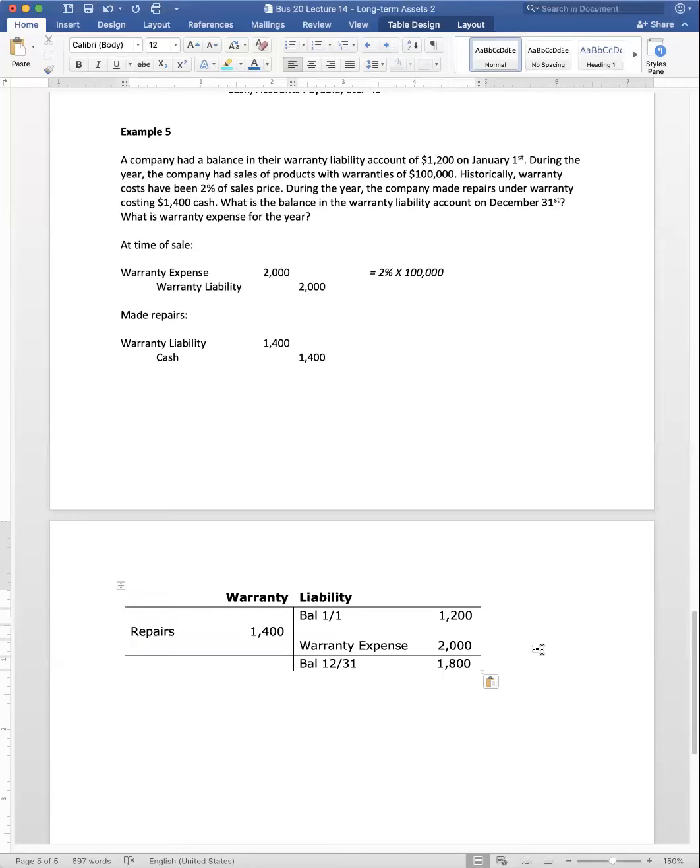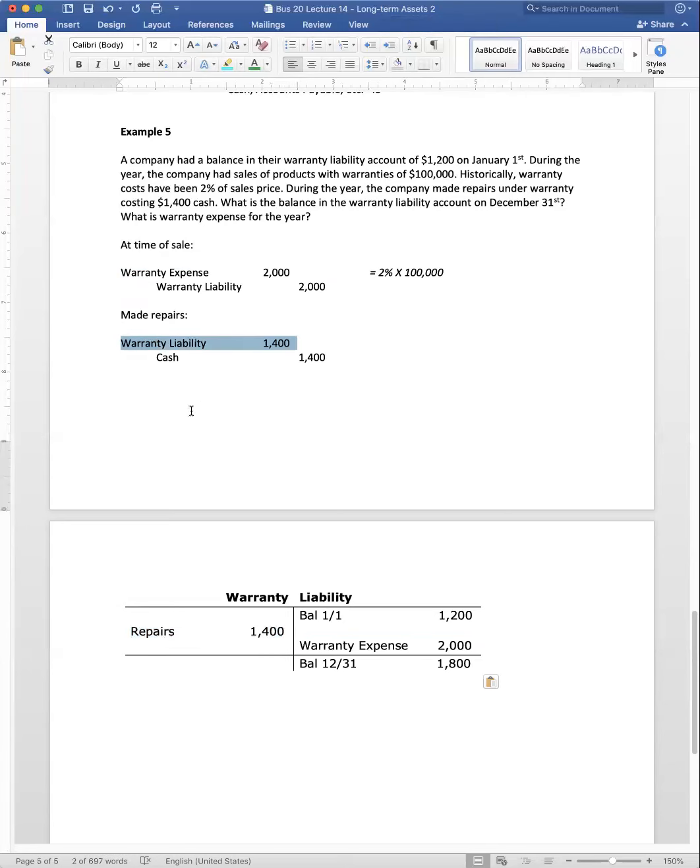Okay. So to summarize, for the warranty liability, it can go up and it can go down. It goes up when we sell products and record more warranty expense, right? We see that right here. When we sell products, we record more expense. That increases the warranty liability. It goes down when we make repairs under warranty.